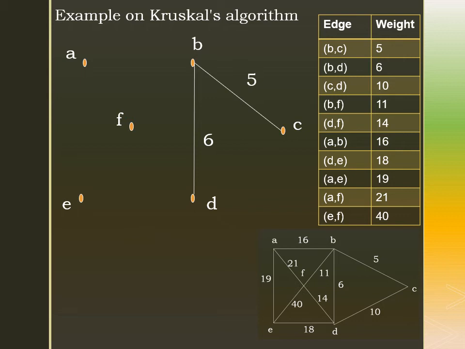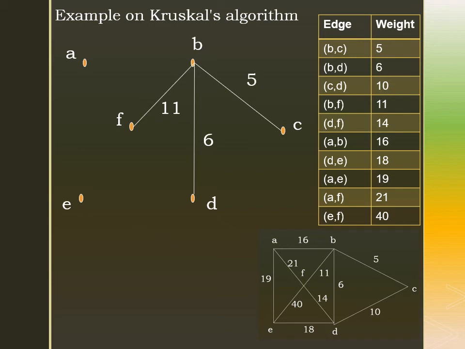Next edge is CD with weight 10, but it forms a cycle here along with the edges BC and BD, and hence we will not include CD in the graph. Next edge is BF with weight 11, and BF does not form a cycle in the graph, and therefore we can include BF as part of the minimal spanning tree using Kruskal's algorithm.